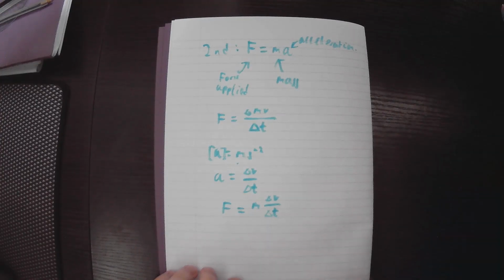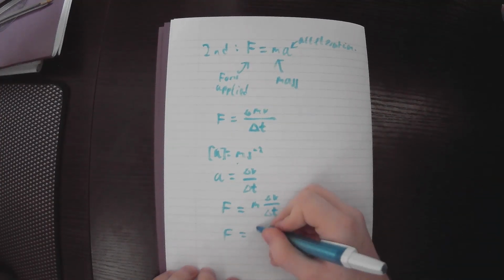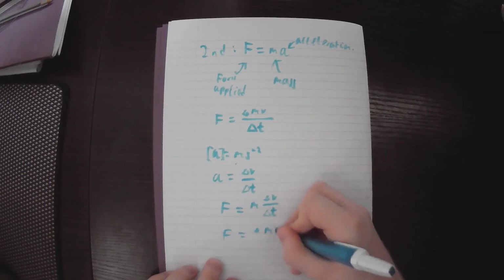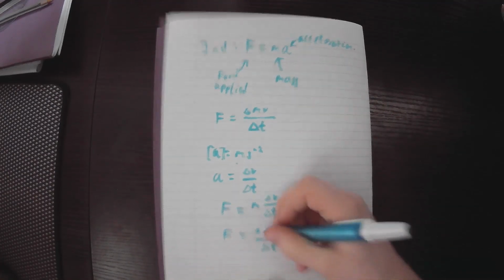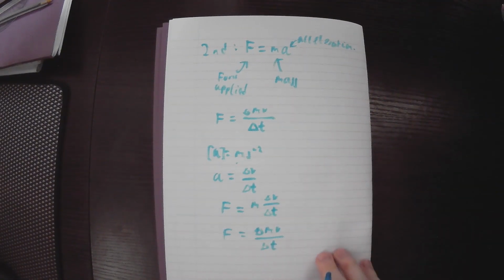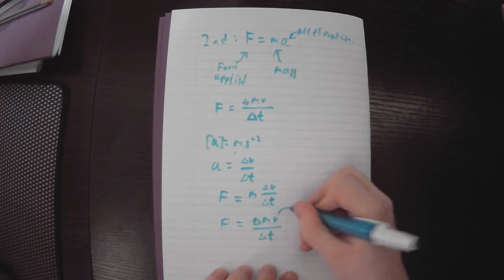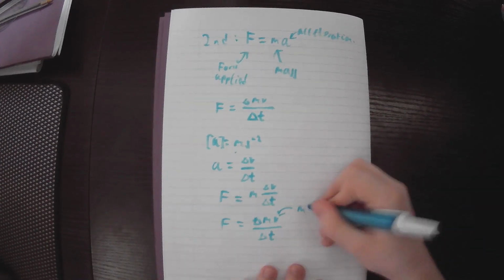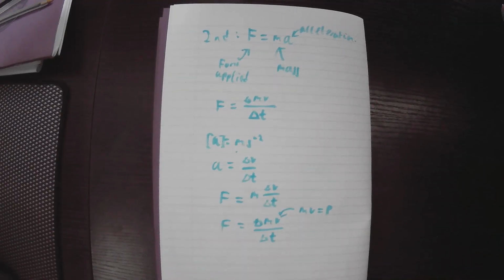And we can regroup this into F equals delta mv by delta t, right? And simple as that. You may know already, or you may not know yet, that mv equals p, which is momentum, lowercase p, and therefore the force applied is equal to the rate of change of momentum. In other words, if you put a graph of momentum against time, the gradient of that graph will be the force applied.